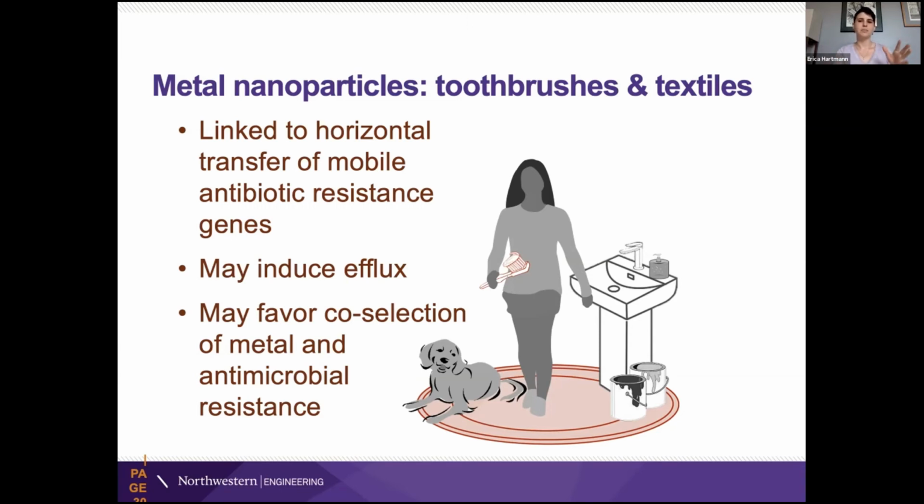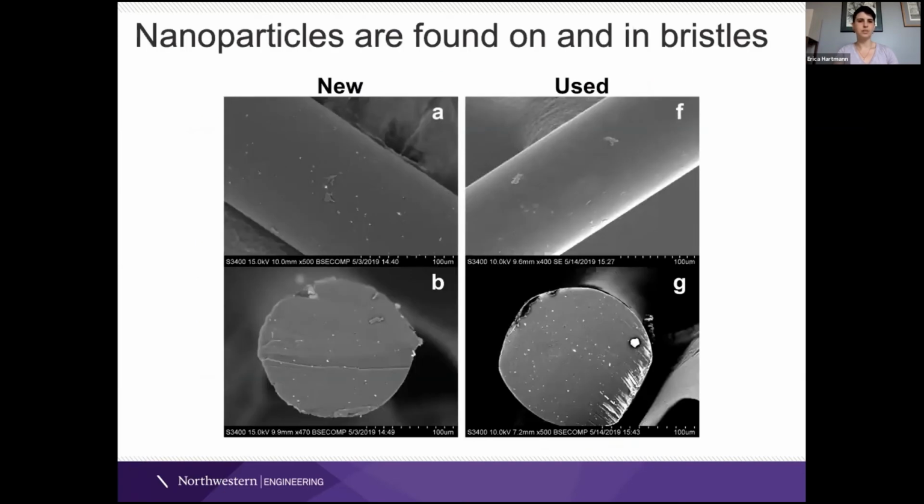So much like with triclosan and benzalkonium chloride, I had some concerns about our use of metal nanoparticles as antimicrobials, in this case, particularly on toothbrushes. So this time we went out and bought some new toothbrushes. And the first thing that we did is try to look at where these metal nanoparticles are.